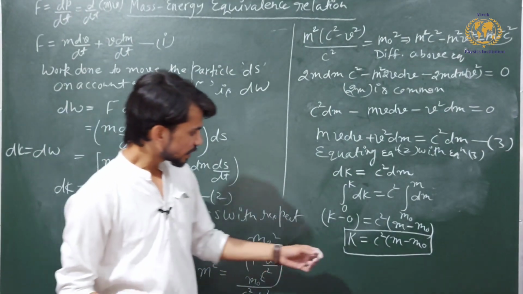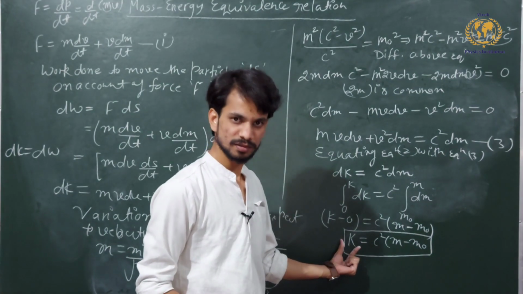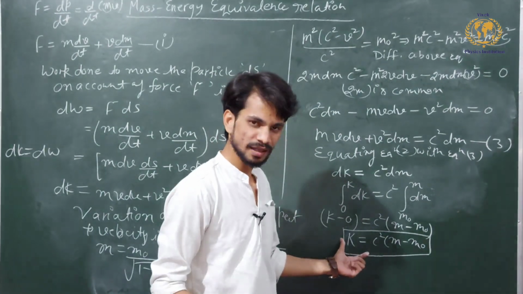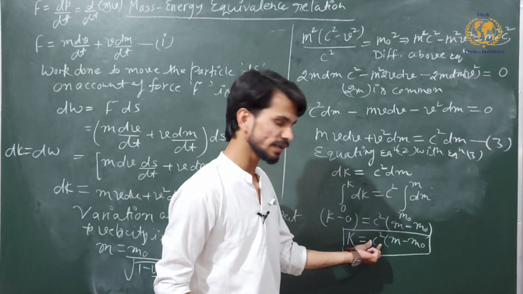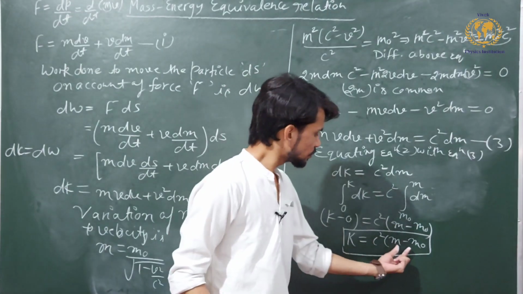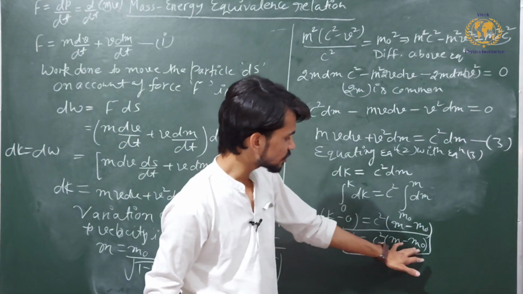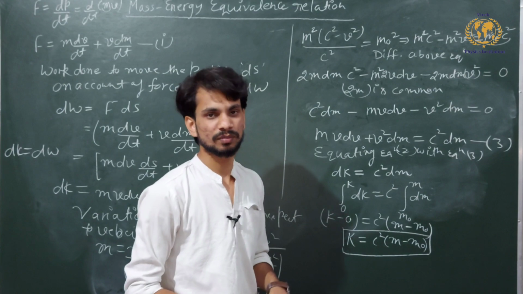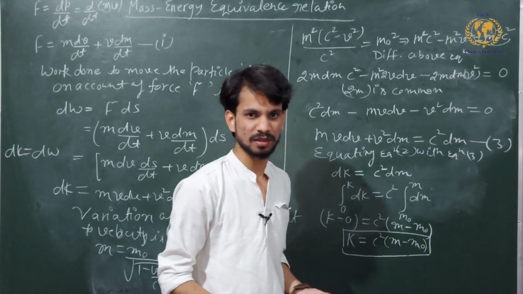Okay. Now you can simply see here that the kinetic energy of the particle is just equal to the product of c square, the speed of light square, and the change in the mass. This is the change in the mass of the particle when it travels at some high speed.